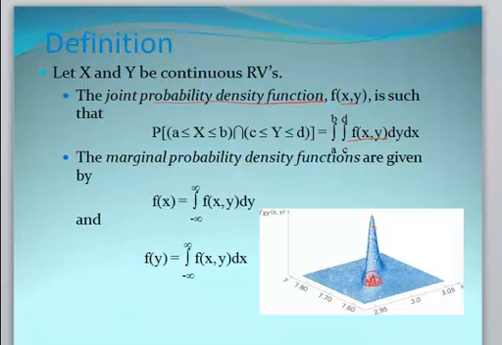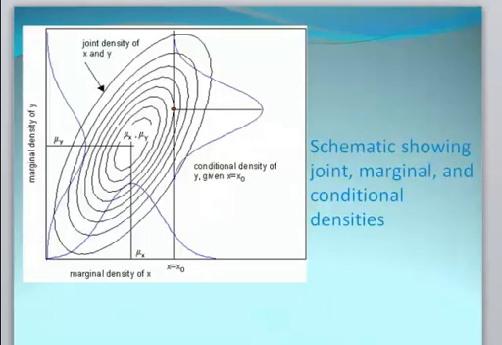And we're going to work through some particular problems that will illustrate these ideas. In much the same way, the marginal probability density functions are given by, well, if we add up all of the values for the function over the y, and then likewise over the x, we'll find what the marginal probability density functions are.